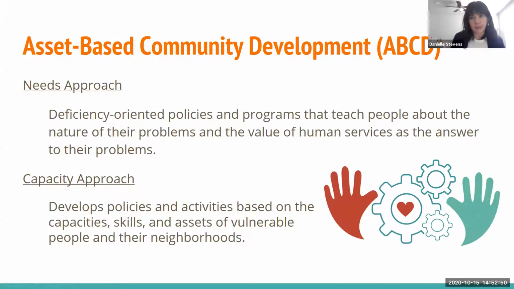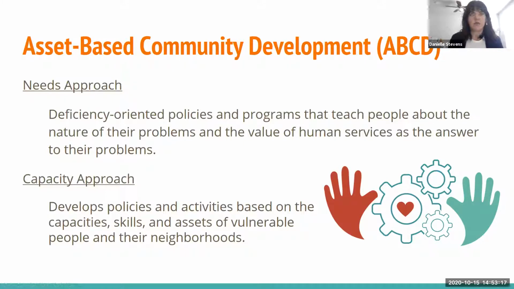There are typically two approaches to community development work. And this is the kind of work that we're doing. Even in the homeless system, we are working to develop our communities and improve the lives and situations of people that reside in them. And the two approaches to addressing community challenges are a needs approach and a capacity approach.